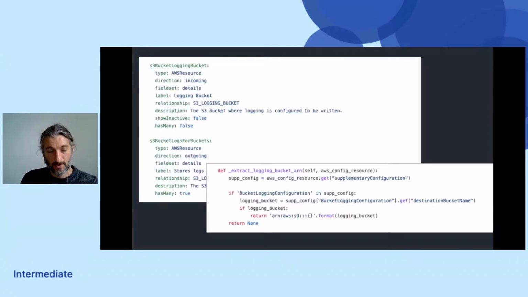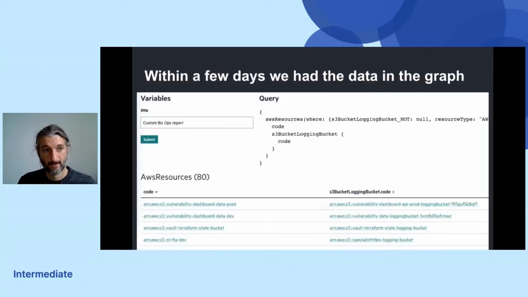So within a few hours, we had our team that manages our cloud estate adding these properties and these relationships to our model and adding a few lines to their data importer to write that data to our API. And then we had the data in the graph and we were able to query and see which buckets were logging where.